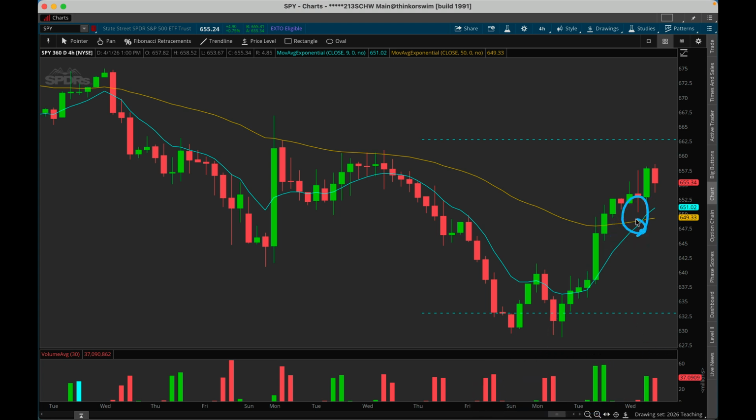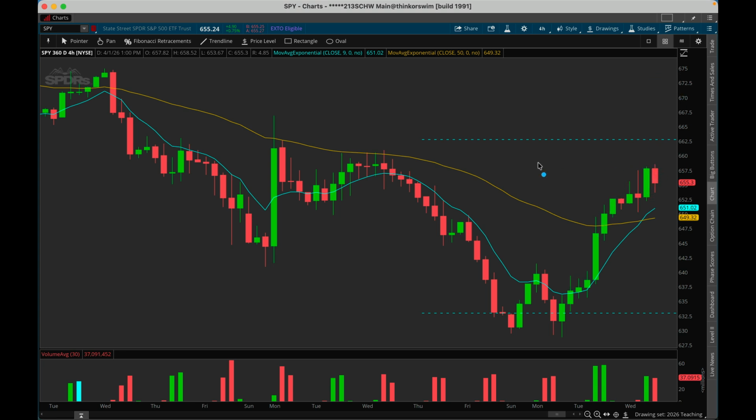Now we do have this EMA crossover, which is another bullish sign, but we're still in bearish territory in the overall trend. So be careful that this isn't a sign that the market is gonna fully rally. It's just the rally for the short term, which could turn into something long term, right?